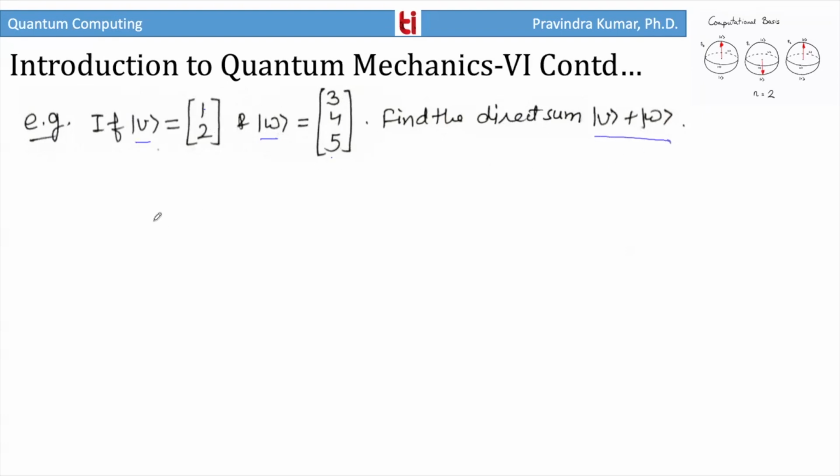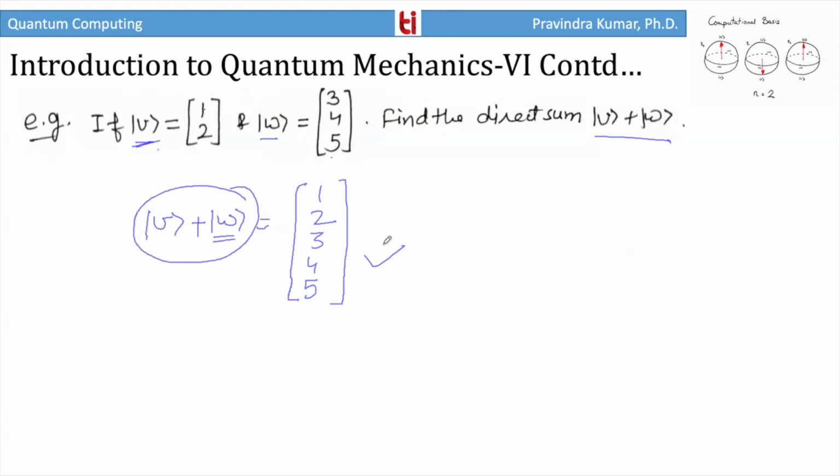So the direct sum of v and w will be: first we write the elements of quantum state v, these are 1 and 2, then we write the elements of quantum state w, 3, 4, 5. So these are the elements of the direct sum of v and w.